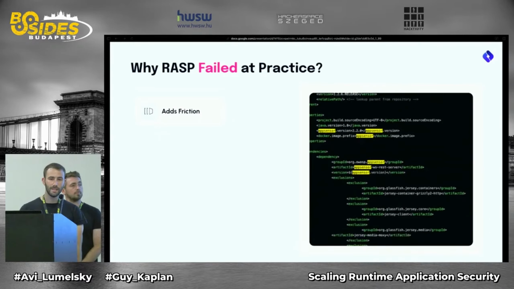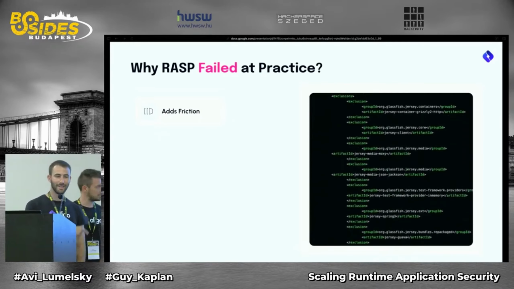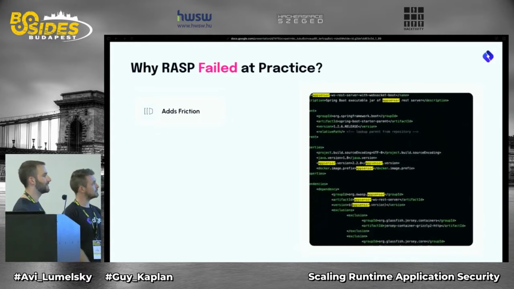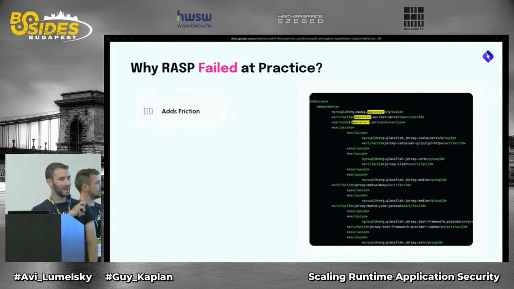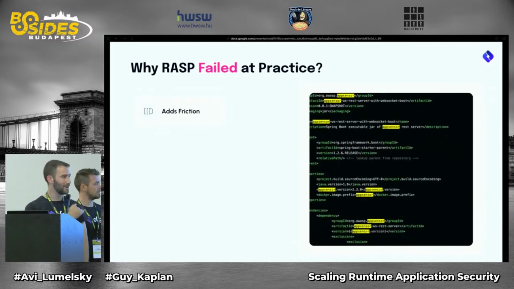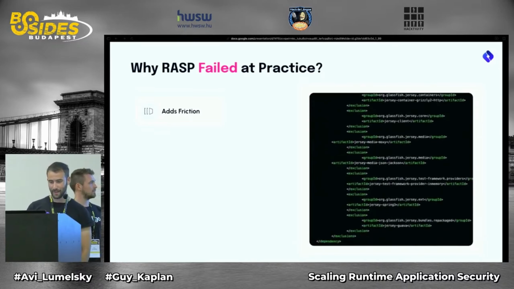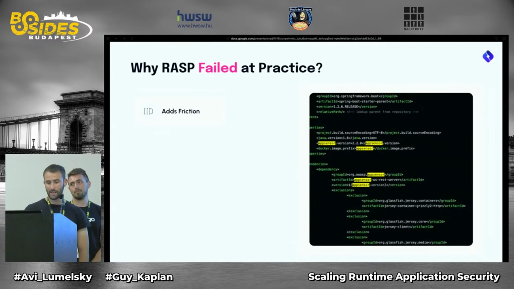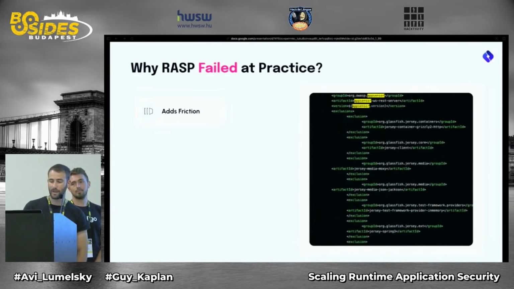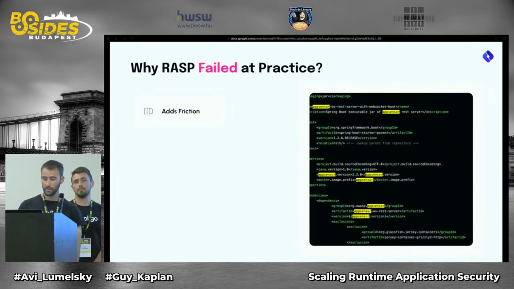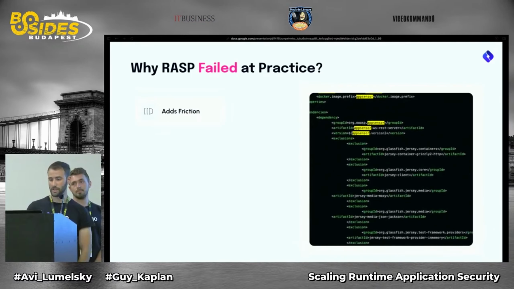The second reason is the added friction. The GIF here is actually how you add the RASP agent into your build file. As we've seen, many RASP tools require the developer's interaction in order to integrate with them, when code or build changes are needed.